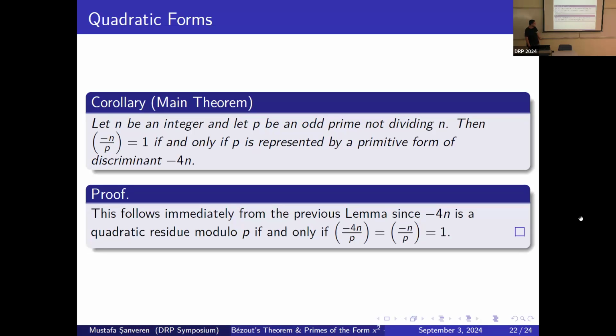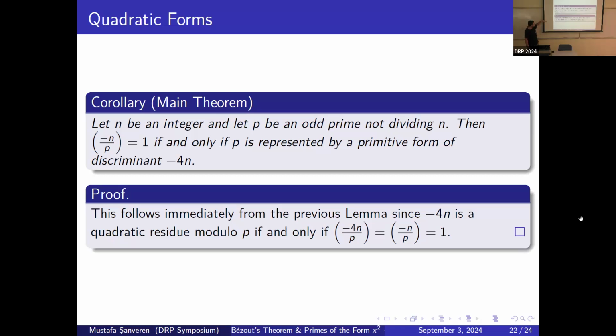And as a last theorem, we can express primes of the form x squared plus ny squared with quadratic forms. Let n be an integer and p an odd prime not dividing n.